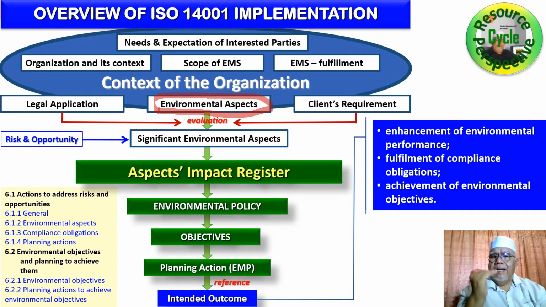For environmental aspects identification, I need purely technical people, especially those with hands-on experience: the process engineers, supervisors, foremen, and the operators themselves. I will bring them for an interview at the machine itself and brainstorm every part to identify all the environmental aspects involved in that particular unit process.